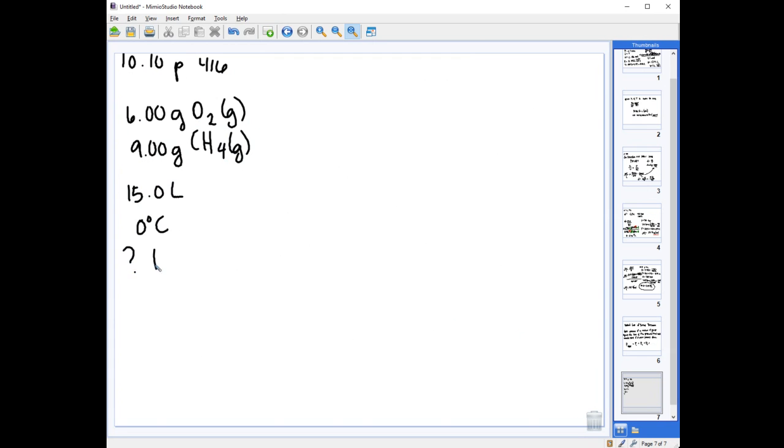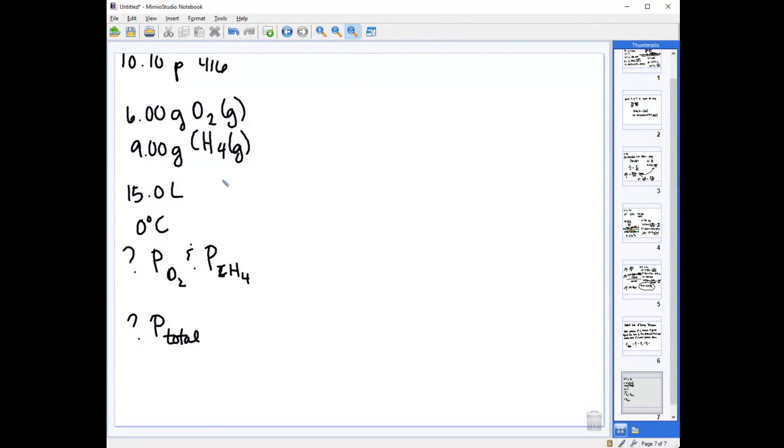What is the partial pressure of each gas? So we want to know P1 and P2, and we can write this by replacing our 1 and our 2 with our gases: P of O2 and P of CH4. And then what is the total pressure? So we've got to figure out our partial pressures, and then we can figure out our total pressure.